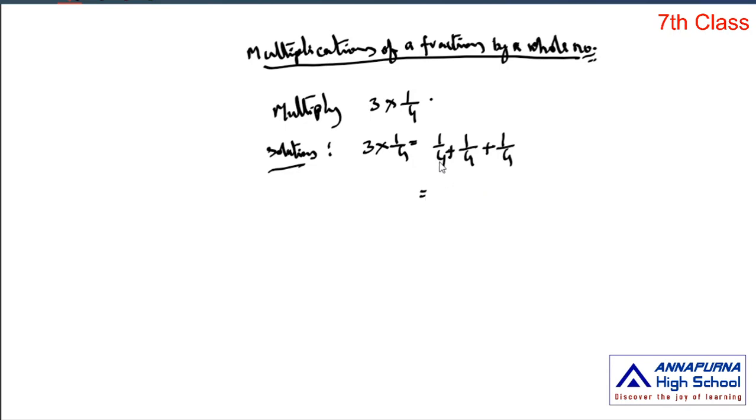These are all like fractions. We know that the sum of like fractions is equal to the sum of the numerators over the common denominator. Here what are the numerators? 1, 1, 1. 1 plus 1, 2 plus 1, 3, over common denominator 4, which is equal to 3 by 4.